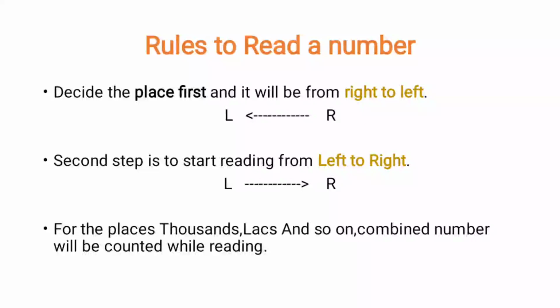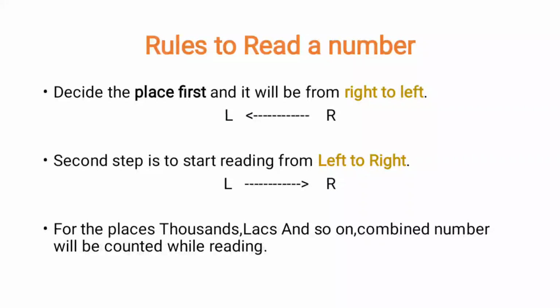So when we write the number in words, there will be thousand only. So the digits on thousands and 10,000s place will be combined. Combined means suppose we have a number 3 on thousands place and a number on ten thousands place is 2. So the total number we will write as 2 3, 23,000.